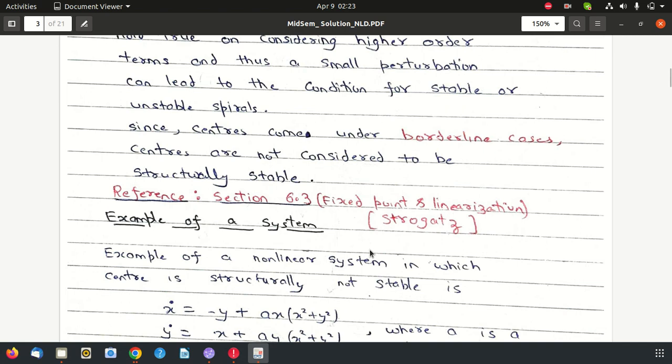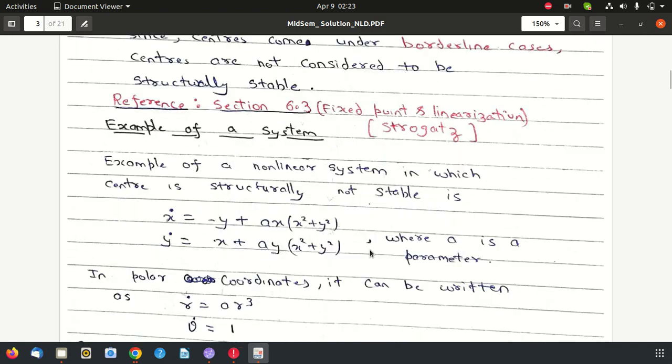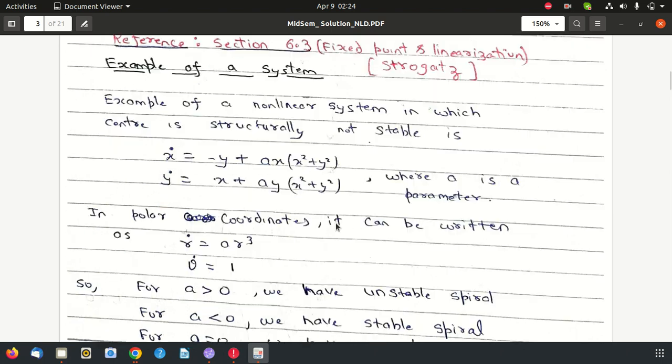The third part is to give an example of a system. Many of you have given an example of a linear system, but it should be a nonlinear system example. So I have taken this example, which is a nonlinear system.